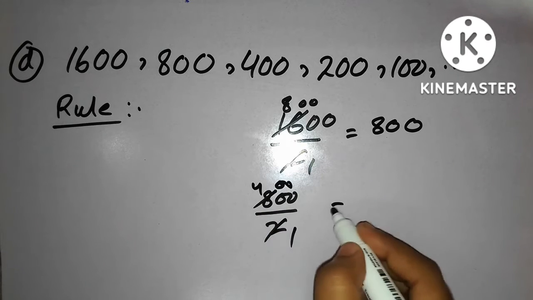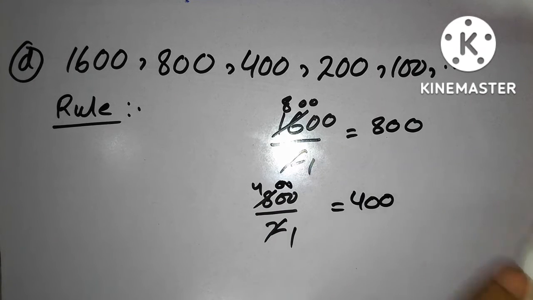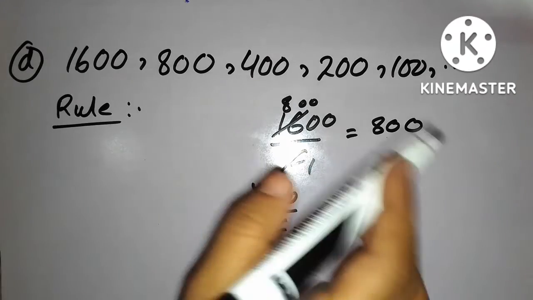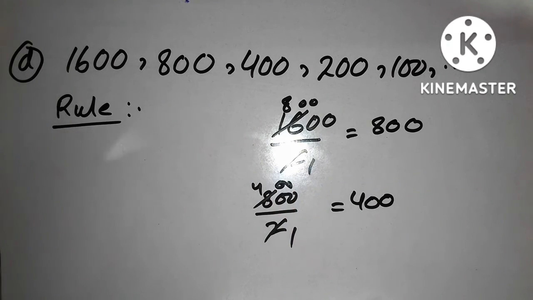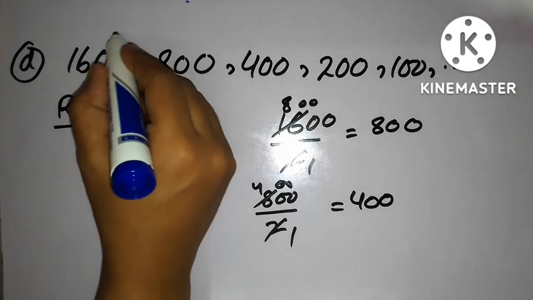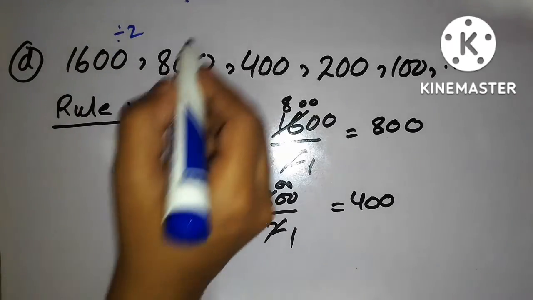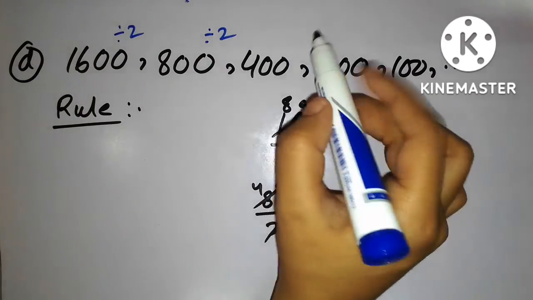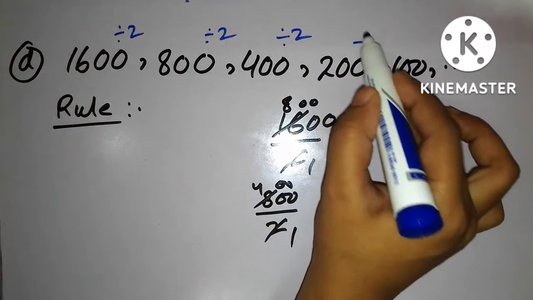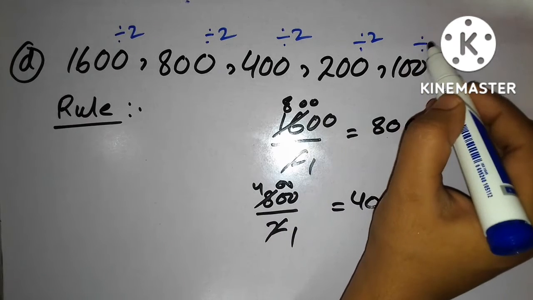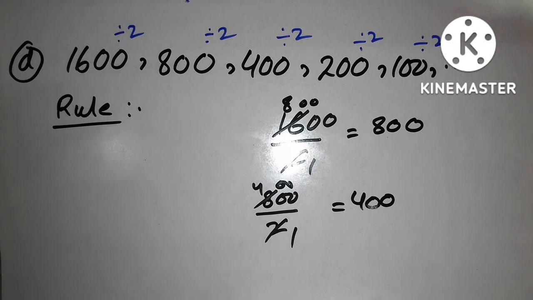It will be 400. Similarly, we are dividing each and every number by 2 to get the next number. So divided by 2, divided by 2, divided by 2, and then again 100 will be divided by 2 to get the next number.